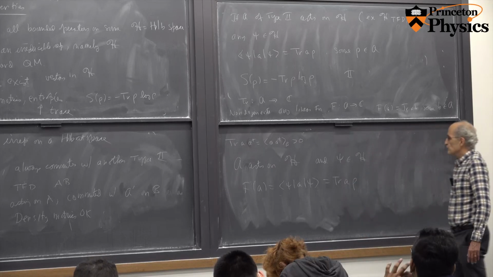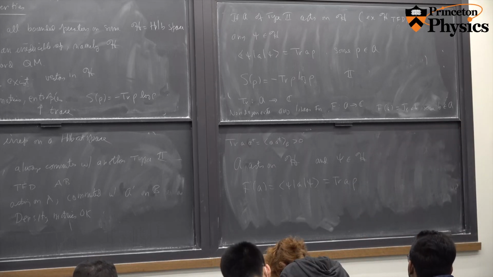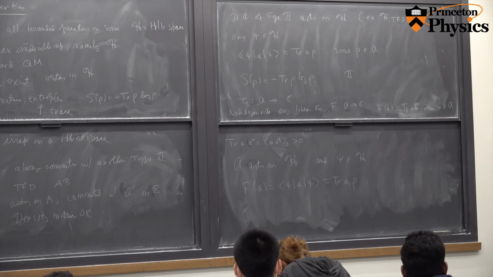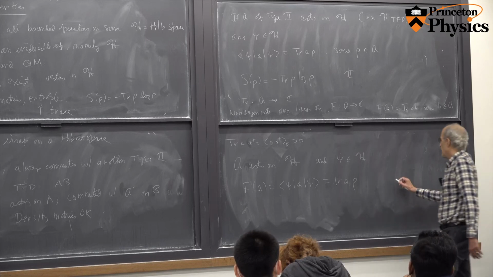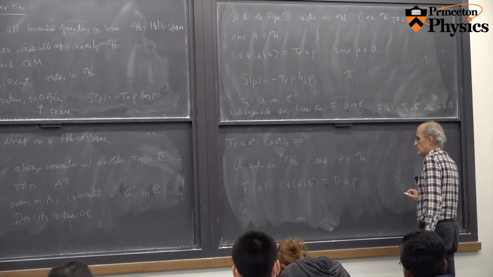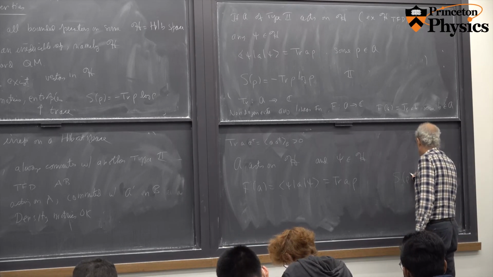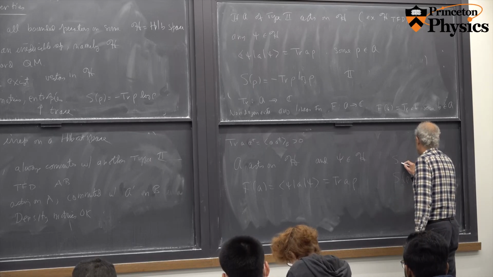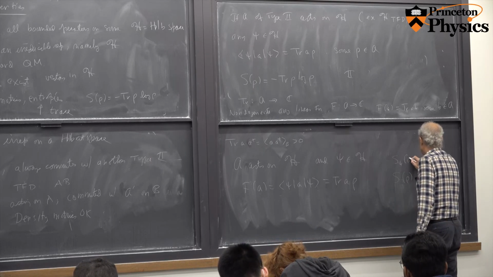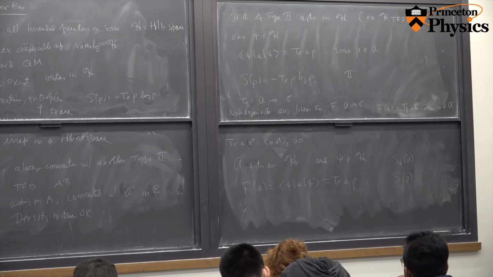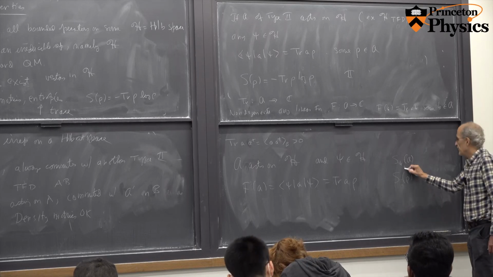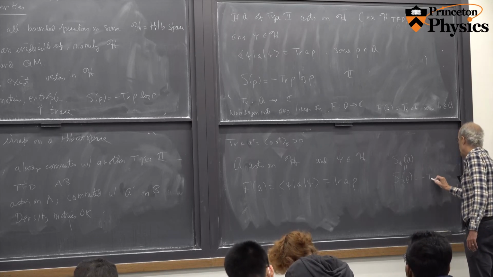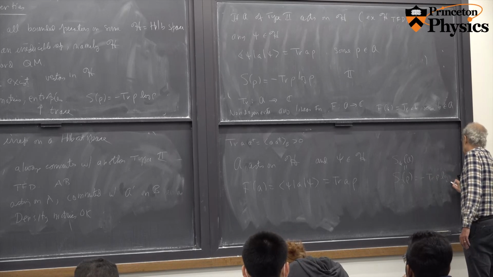Since that's the usual defining property of a density matrix in ordinary quantum mechanics, we might as well call that algebra element a density matrix. And having done that, we can also define an entropy. You could call it the entropy of rho, or the entropy of the state psi for the algebra A. Those are two fairly natural notations. It would be minus the trace of rho log rho.